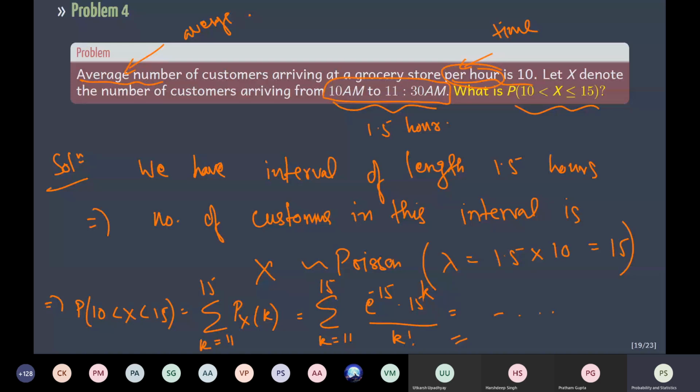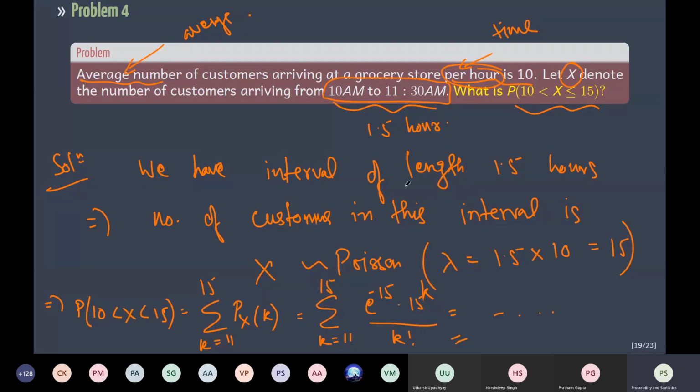So what do we learn from this problem? The problem looked like a Poisson, and the average was given for some time interval. But then we found that the random variable we were given had a different time interval than the one for which the average was given.